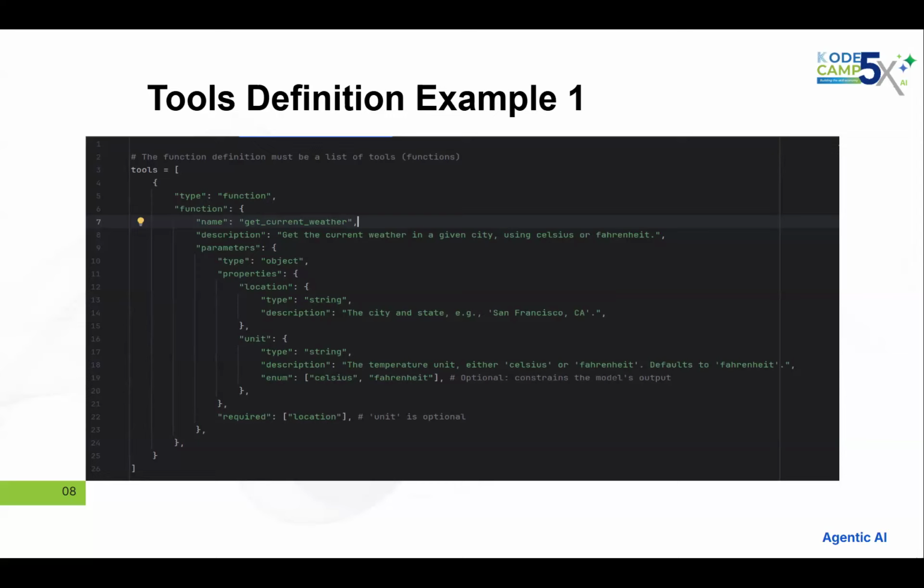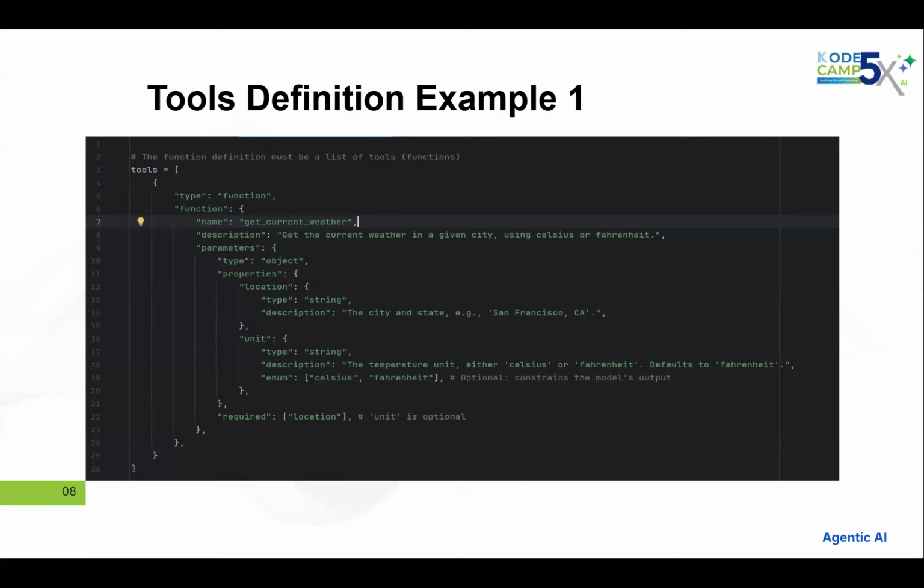These are the properties of that parameter object; the properties are the actual parameters of that function call. And the first one is location. It's a string, and it's described as the city and state where you want the function to give you the weather, and it gives an example.